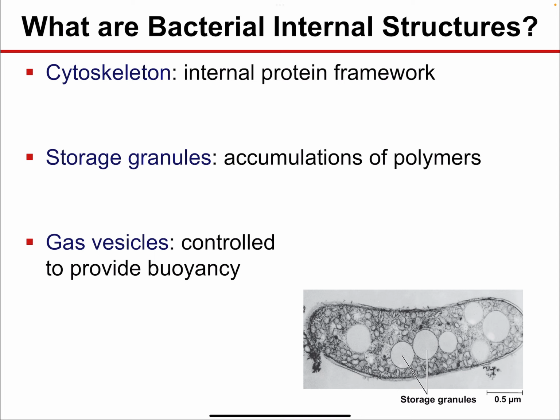Bacteria are going to have some other internal structures, the equivalent of the cytoskeleton in eukaryotic cells. This equivalent of the cytoskeleton in prokaryotic cells is actually what is responsible for the expansion of the cell when it grows, and the cell is going to split into two when it divides.